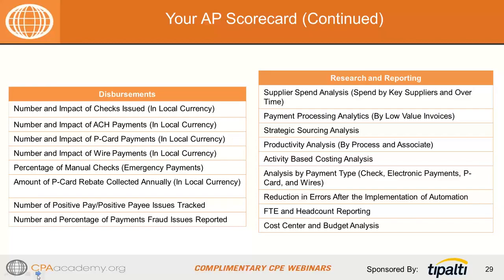And another category that we have a few metrics on for you in this scorecard approach is supplier spend analysis: spend by key suppliers over time, payment processing analytics, strategic sourcing analysis, productivity analysis, which is usually by process and associate, activity-based costing analysis, analysis by payment type, which would be as indicated in the disbursement portion of the scorecard: check, electronic payment, P card and wires, reduction in errors after the implementation of automation, FTE, which stands for full-time equivalent, and headcount reporting.